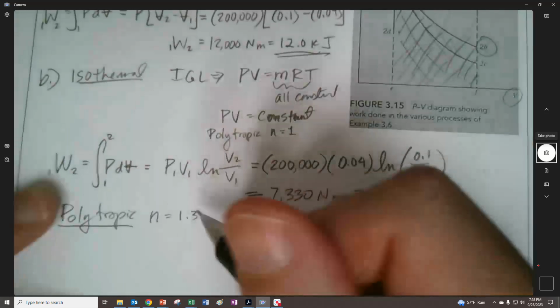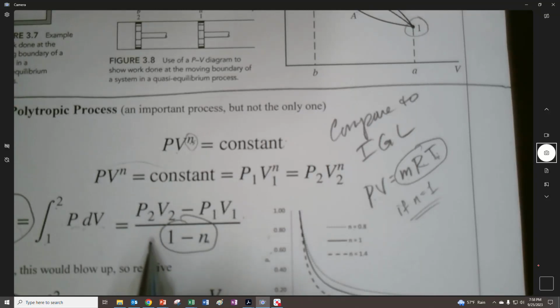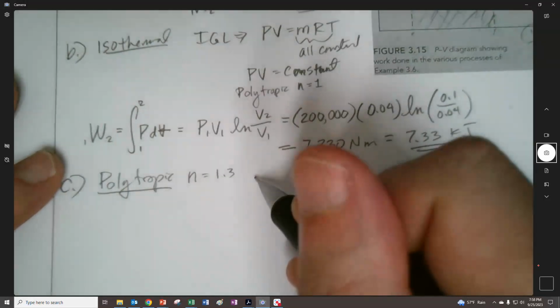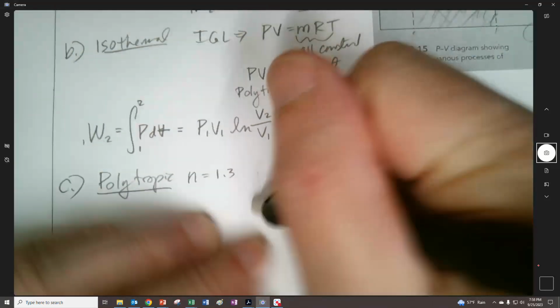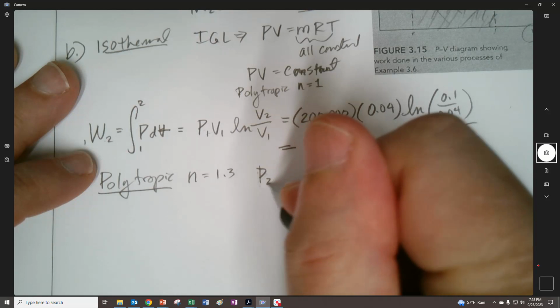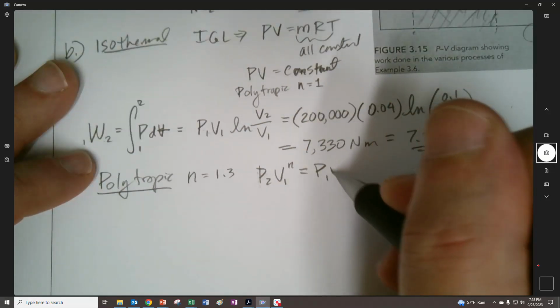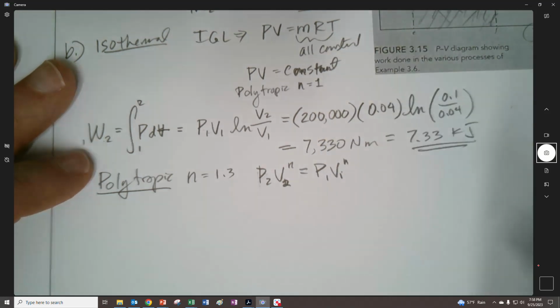So in order to use this equation, we need to know what P2 is. We already have P1 and V1. We need P2, so we'll go ahead and use this relationship right up here to find that P2. P2 V2 to the N equals P1 V1 to the N, and we know that N here.